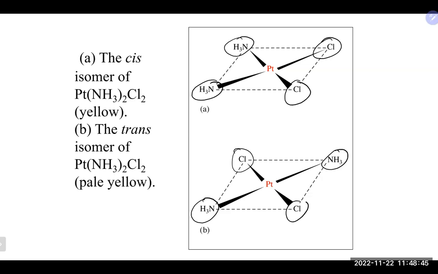Same thing with the chlorines. And again, it gives this compound some different properties. They are all still attached the same way. They all have the same bonds: our platinum to chlorine bond and our platinum to nitrogen bond in the case of the NH3. But again, their arrangement in three-dimensional space is a little bit different.